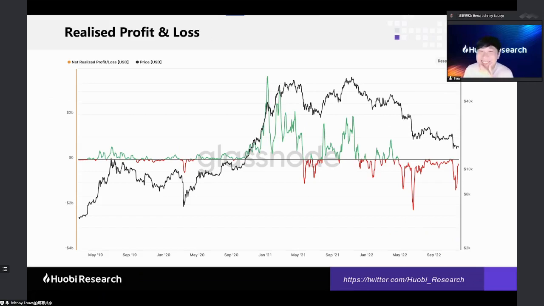So I think I agree with you. Right now we might see a potential lower market capitulation, and that could solidify the case.